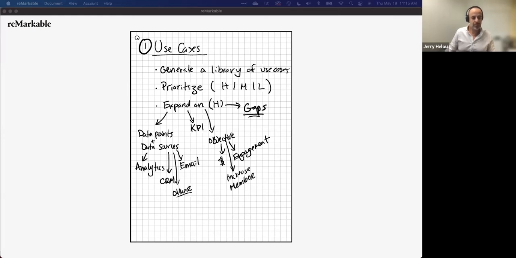If the gap is, hey, my analytics implementation is not the greatest, I have some data integrity issues, or the data in my CRM is going to require a good amount of transformation and ETL.